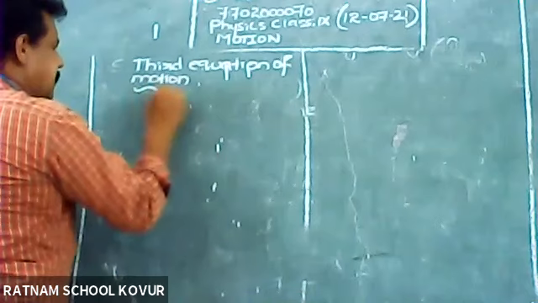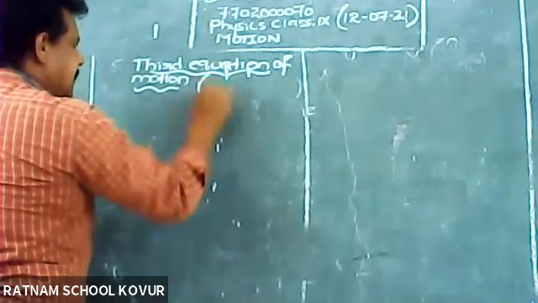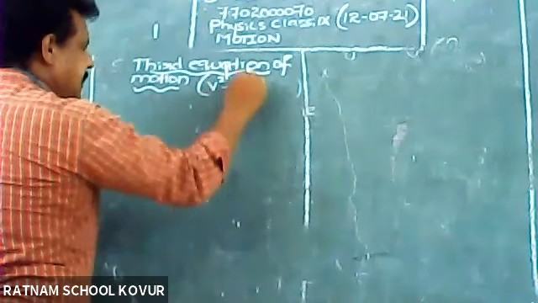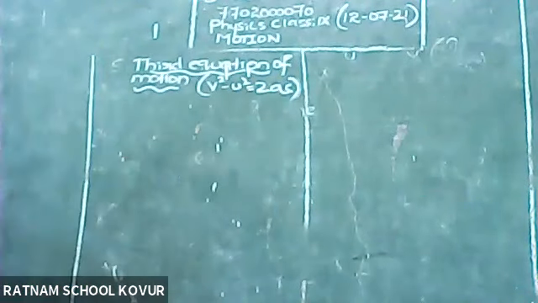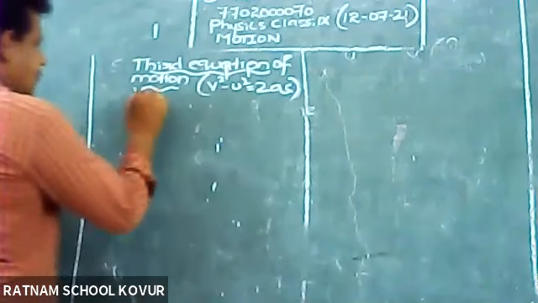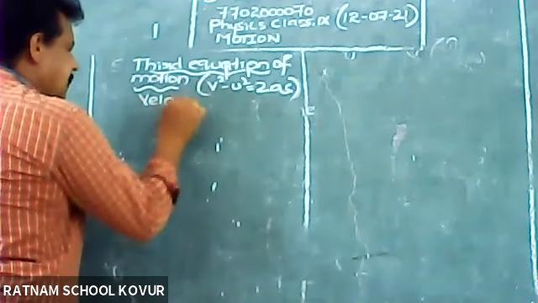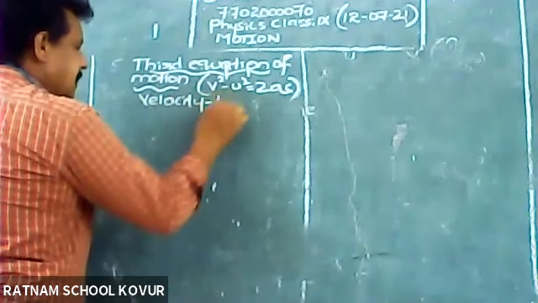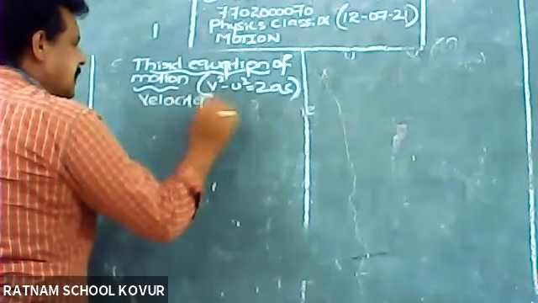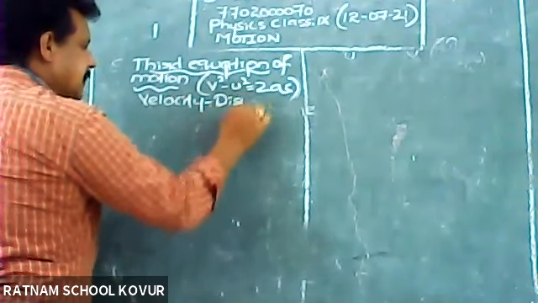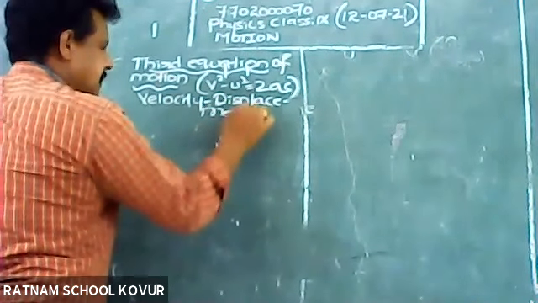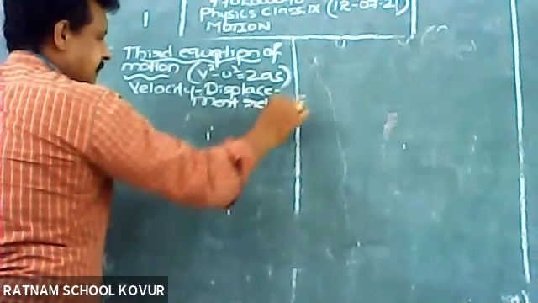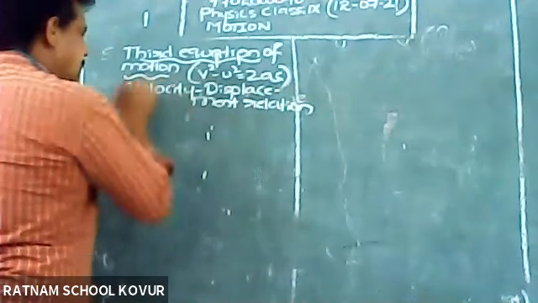So the third equation of motion is represented as v square minus u square is equal to 2as. This is also called the velocity displacement relation.